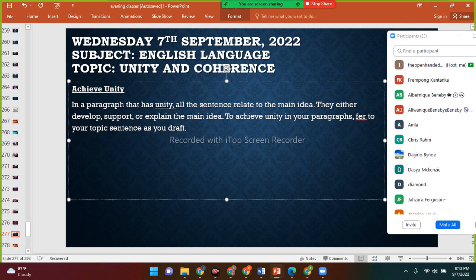So when you are writing your essay, or before you write your essay, obviously you got to make a draft. Now in your draft, if you have time, make sure to write a topic sentence. The topic sentence is the first sentence of your paragraph. This sentence tells us what the rest of the paragraph is going to be about. Every time you make another sentence, everything is going to be based off the same topic sentence that you just said, okay?